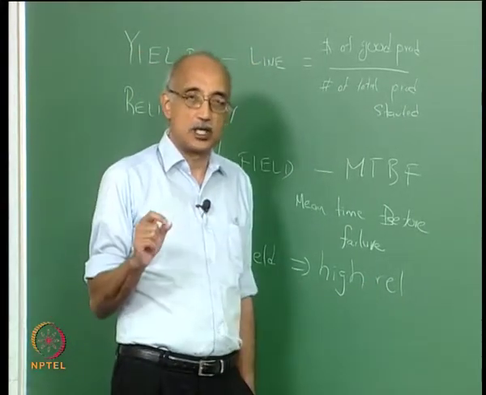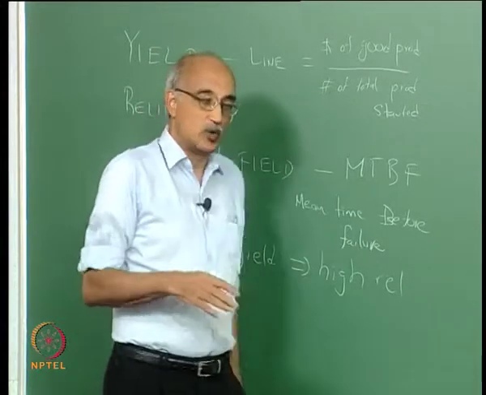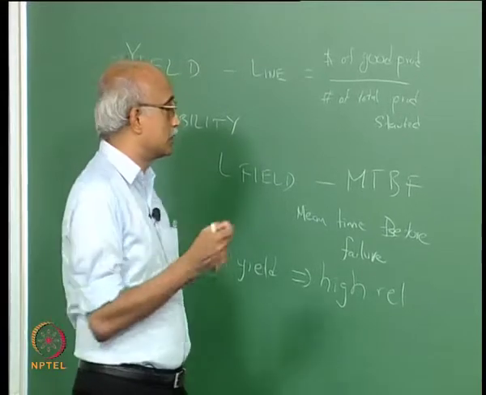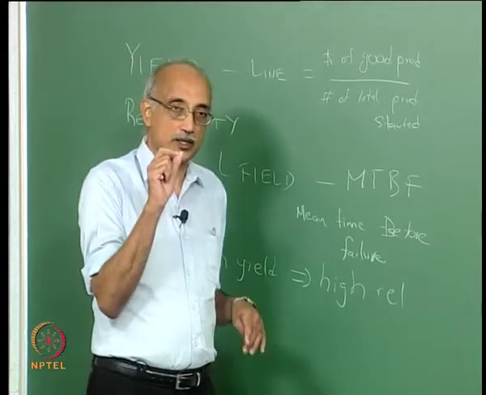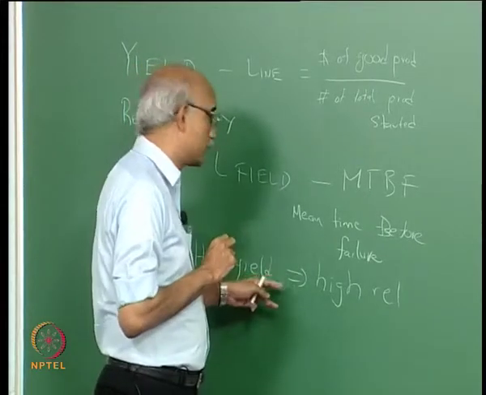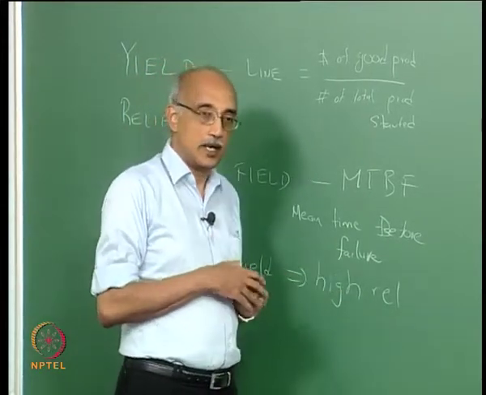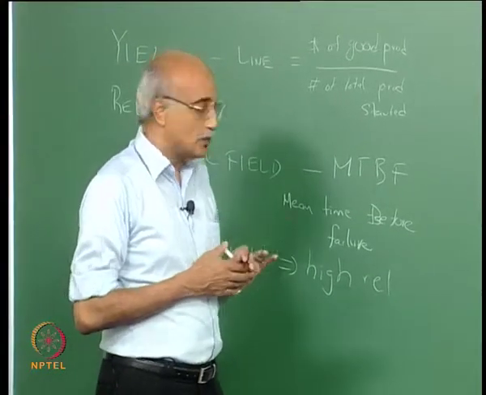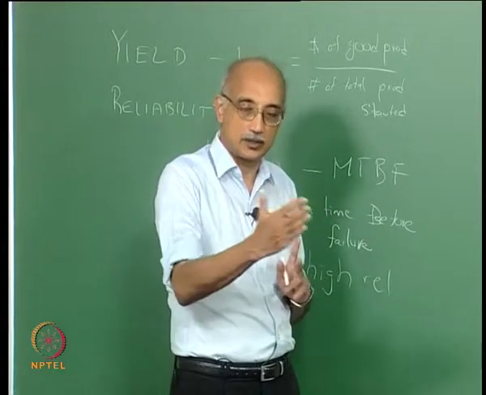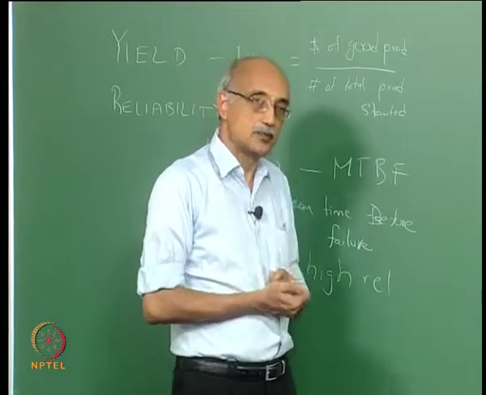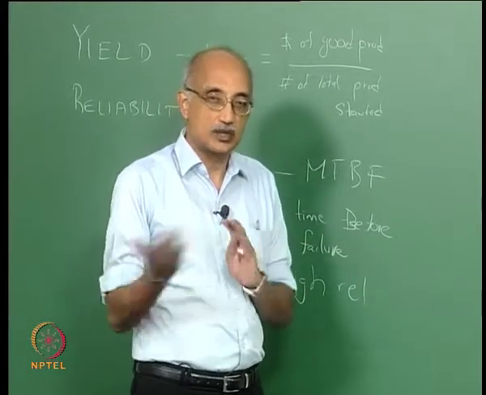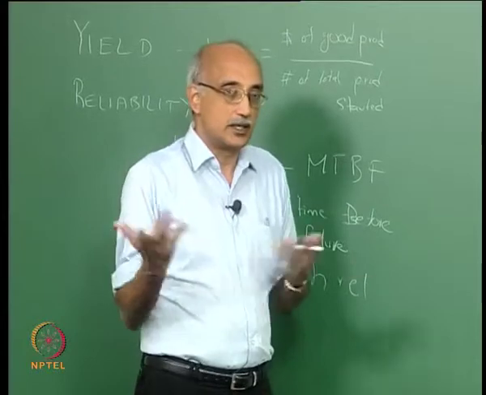It all depends on how you measure yield. I mean, what is your definition of a good product leaving the line? If your requirement for goodness of the product leaving the line is very stringent, then yes, there is going to be a high degree of correlation. But as a manufacturer, if your end of line specifications are too loose and you are trying to get as much product out the door as possible, then it is possible that you may have a situation where you have high yield in your process, but what you are shipping to customers is basically garbage.